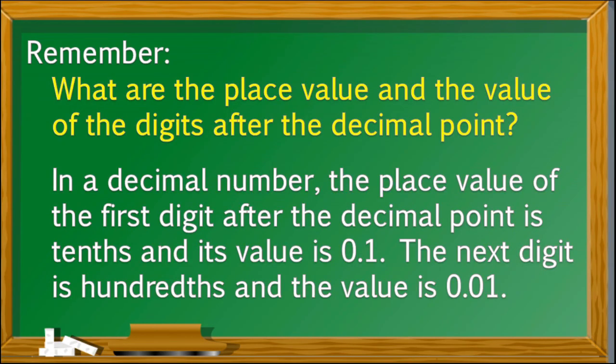And remember, what are the place value and the value of the digits after the decimal point? In a decimal number, the place value of the first digit after the decimal point is tenths and its value is 1/10. The next digit is hundredths and the value is 1/100.